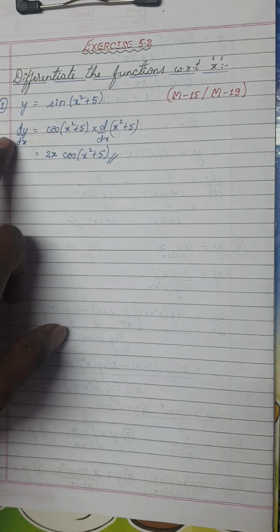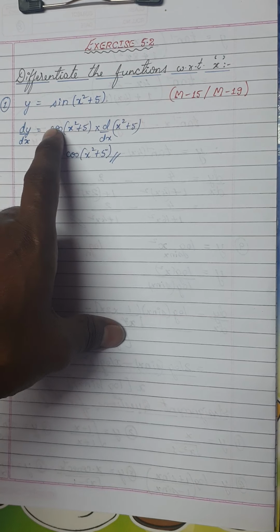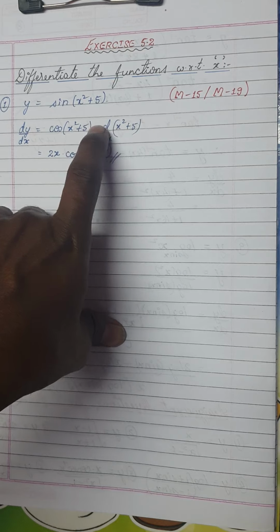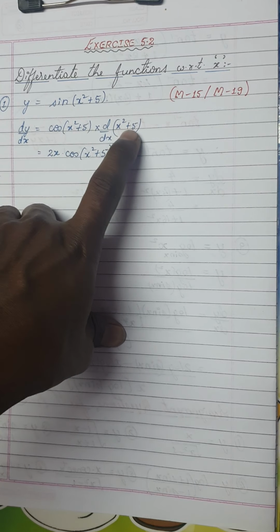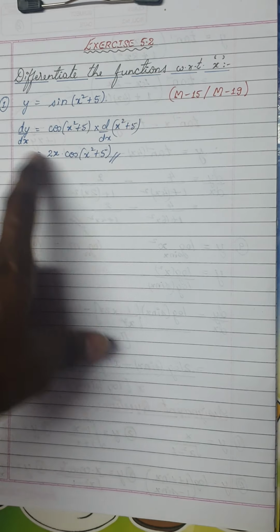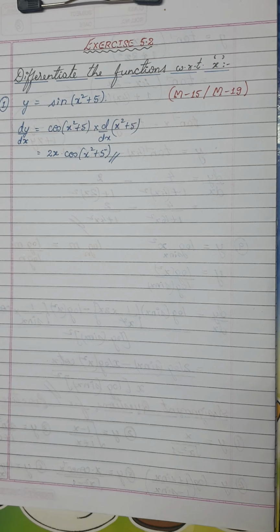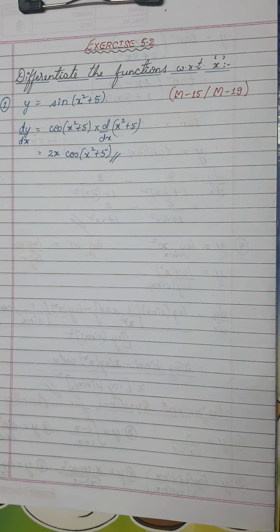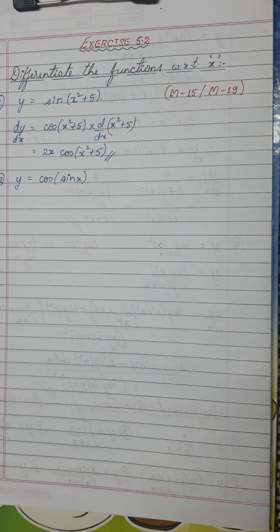Remember, you can write it directly: cos of x square plus 5 into, directly you can differentiate x square plus 5 as 2x, and keep it in one single step. You will get 1 mark. You need not write all the steps for one marker questions. I hope you are very comfortable with this question.